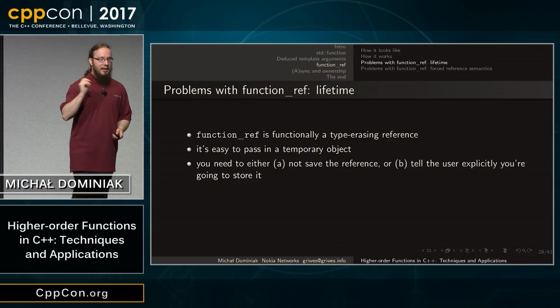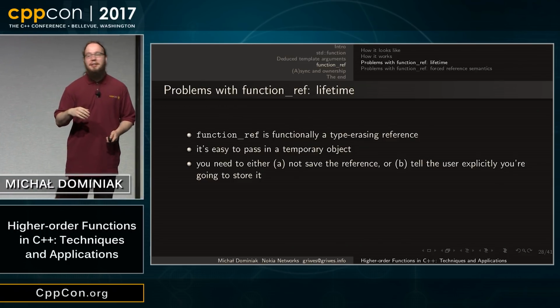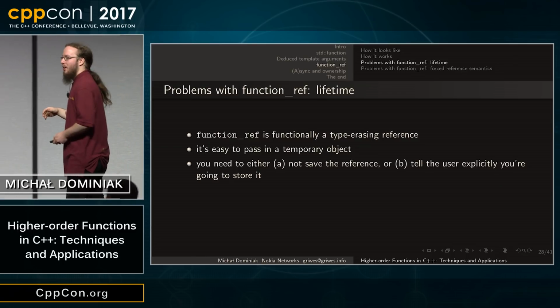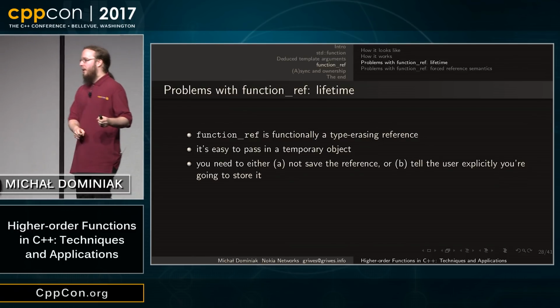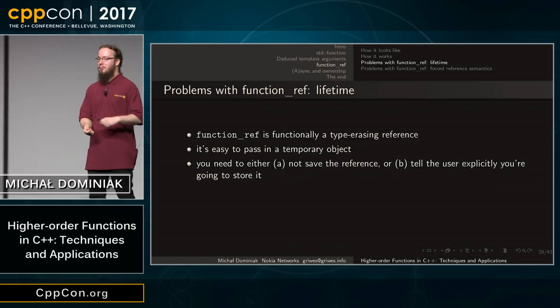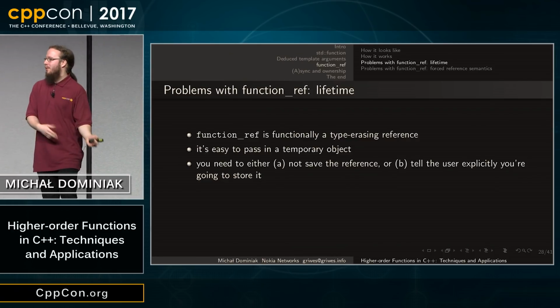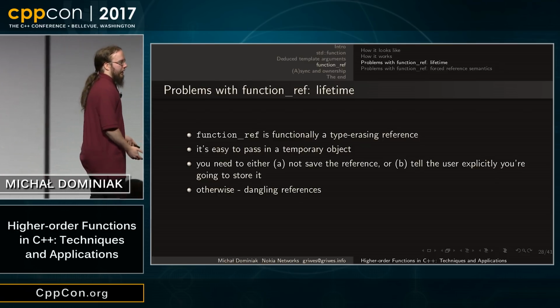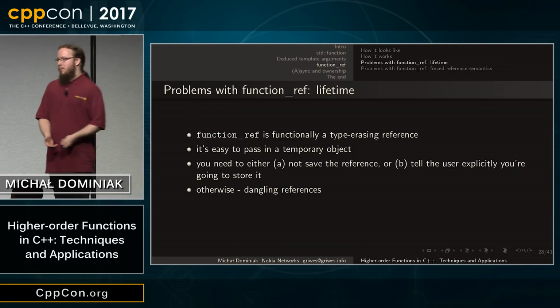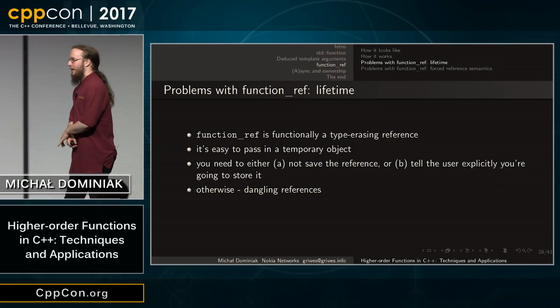So when you have function ref, you have to either not save it or tell the user, hey, you better remember that the lifetime of the reference you are giving to me is going to be longer than you might expect from just looking at the code. And otherwise, we get dangling references, which is just a bad thing.